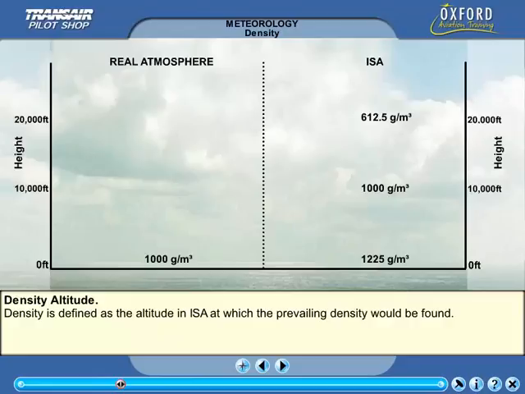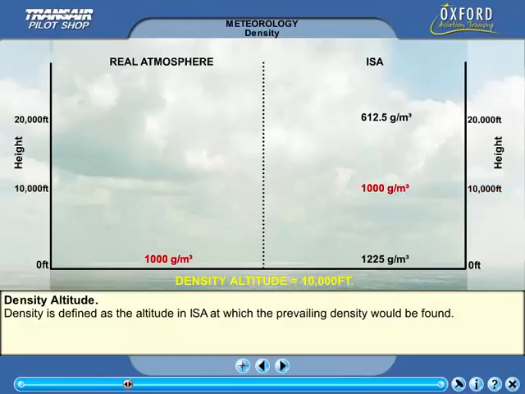In our example, we can see that the density at sea level in the real atmosphere equates to a density found at 10,000 feet in ISA. We therefore say that the density altitude at mean sea level in the real atmosphere on this particular day is 10,000 feet.